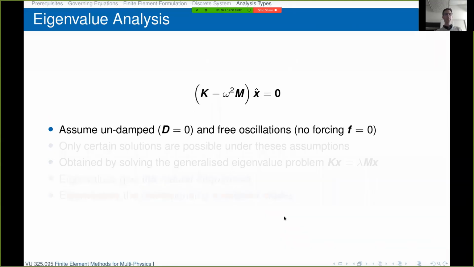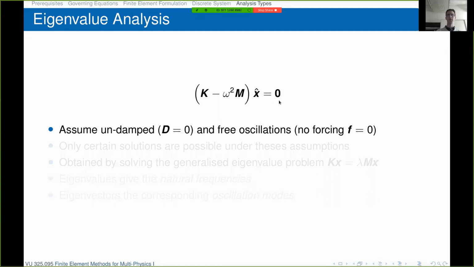The eigenvalue analysis is very similar from the derivation point of view. What we also assume in the typical eigenvalue analysis is an undamped system, so the damping matrix is 0, so our equation reduces to this form, and also we only consider free oscillations, so no forcing.